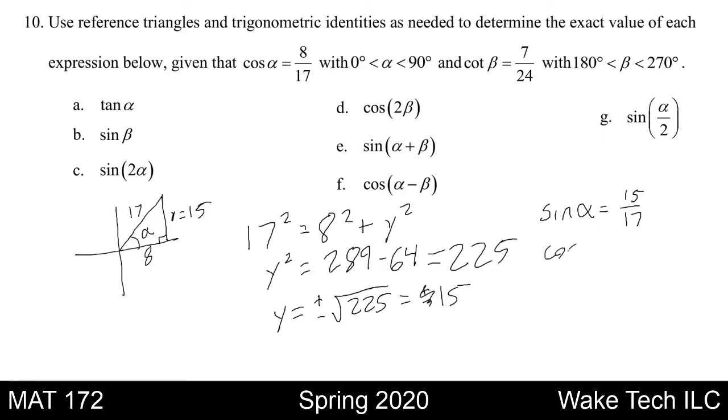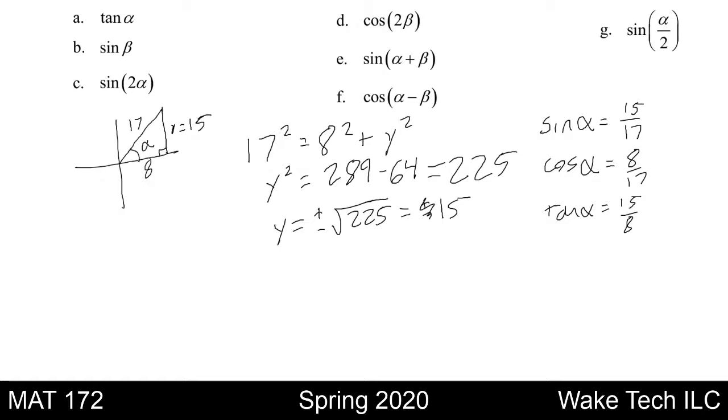And we are given cosine of alpha, which is 8/17. We can find tangent of alpha, which actually answers part A for us, which is 15/8. And some of the reciprocal functions can be found as well, which is just the reciprocal of these.